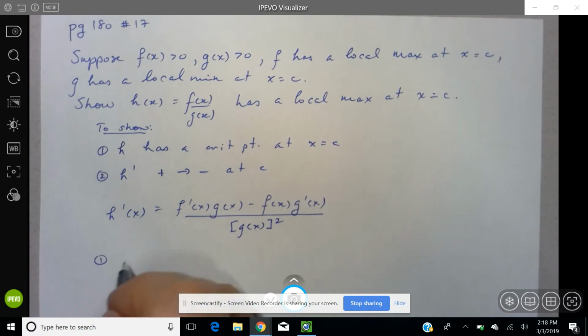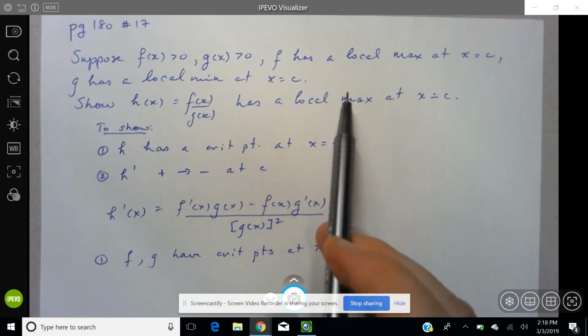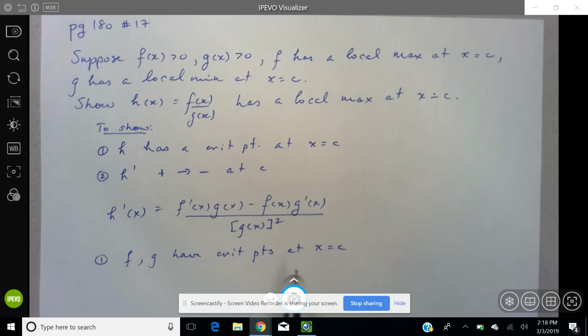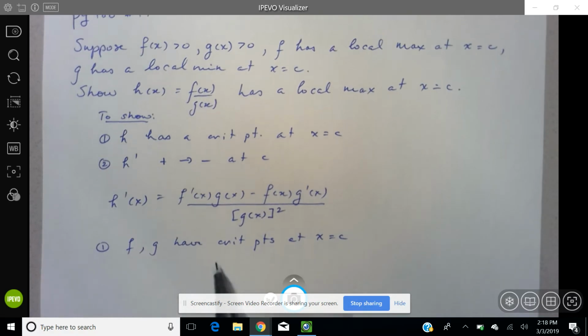So since f and g have local extrema there, in other words, have critical points at x equals c, then it means that f prime and g prime are either 0 at c or they don't exist at c.